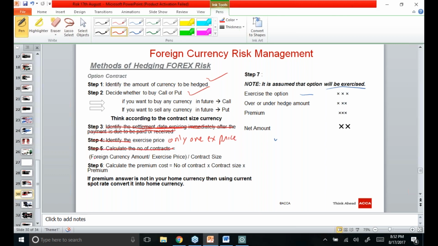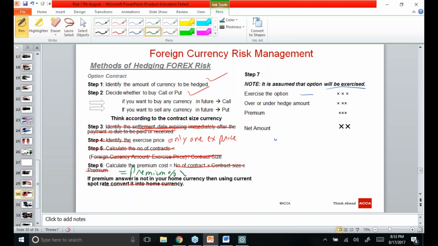You do not have to calculate the number of contracts. You have to calculate premium cost, but not in this way. The premium percentage will be given.